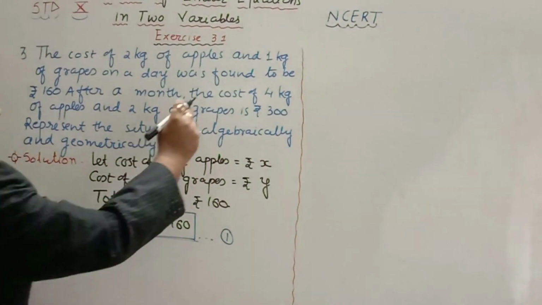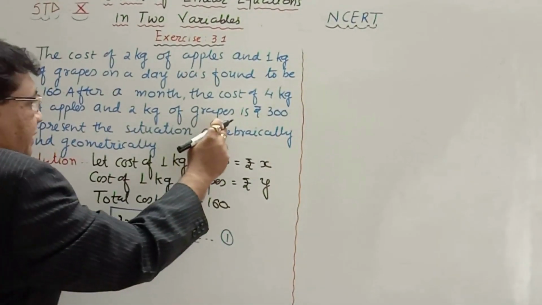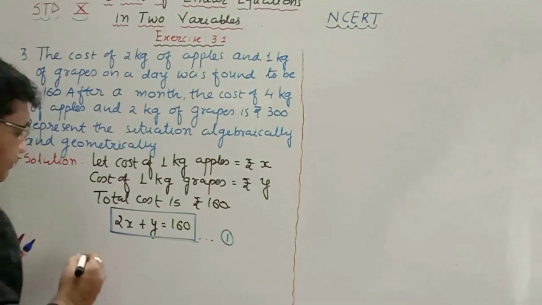Similarly, the cost of 4 kg of apples and 2 kg of grapes is rupees 300.